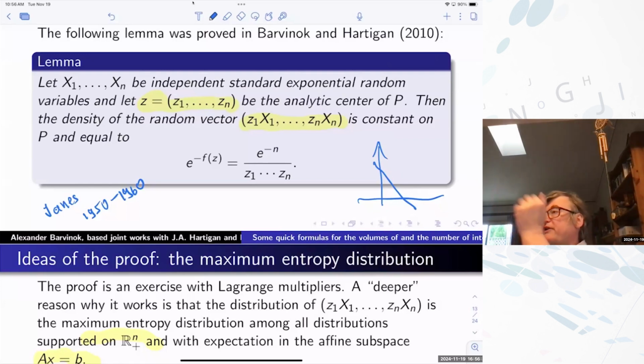Because what do we know about that distribution? If there is no draft, the only thing we know is the temperature, which gives you the expectation of the square velocity. And what's the maximum entropy distribution in the class of all distributions with, say, expectation zero and fixed variance? It's a Gaussian. So it has to be Gaussian, and it is, right?